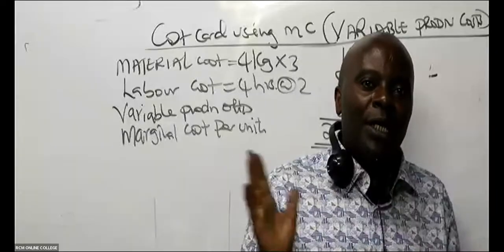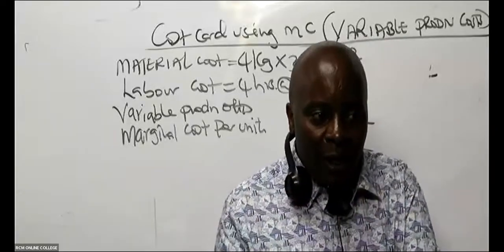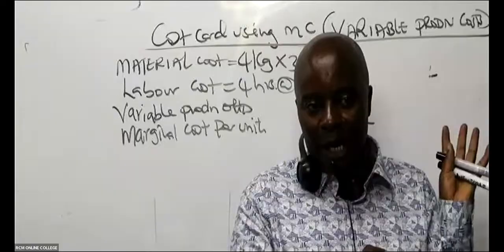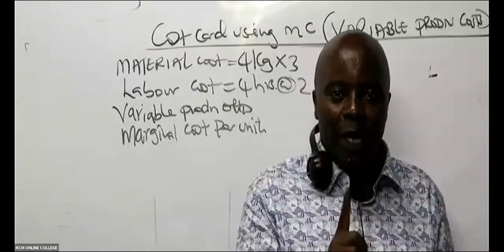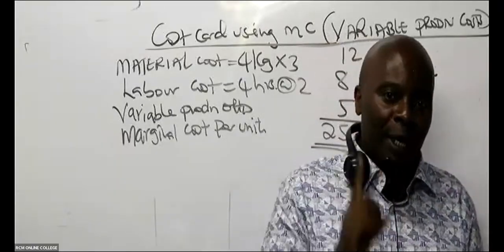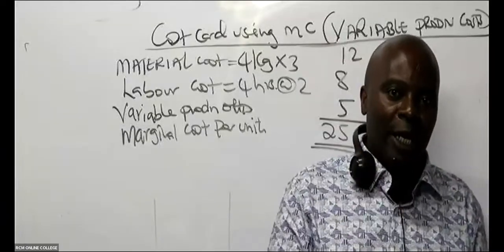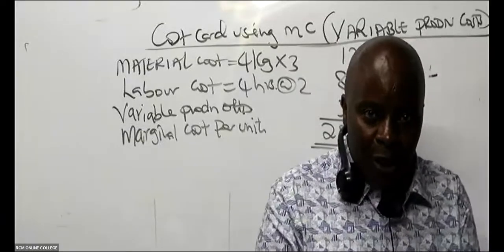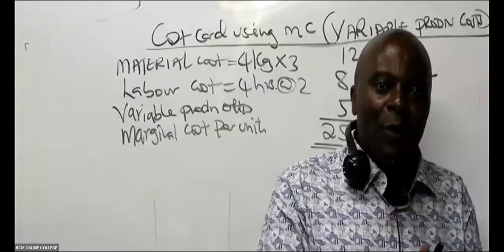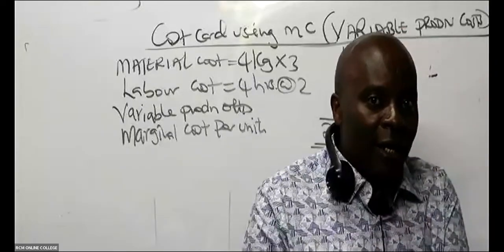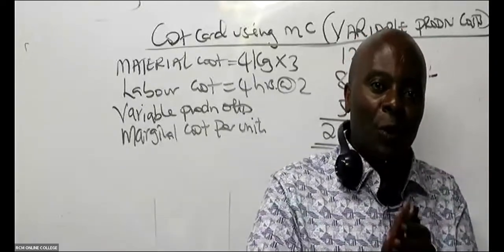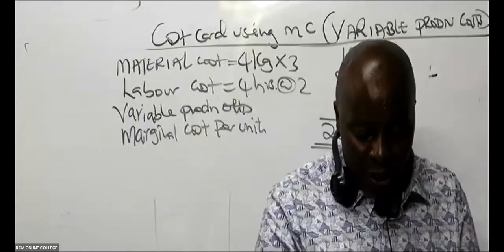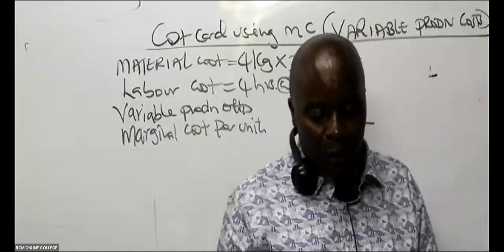Any selling expenditure is post-production. It can never come here. So here we are only looking at production cost. Which production cost are we looking at? We have material cost. We have labor cost. And then we have variable production overhead. If you have variable selling, those are not within our purview here. All right. So I've done part 1.